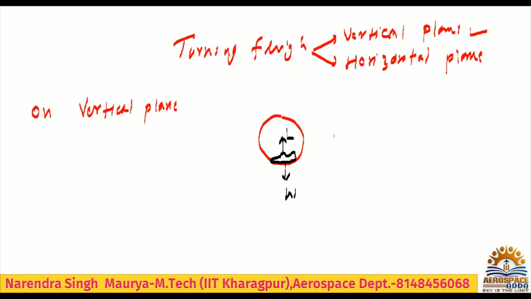If you check, the resultant upward force is Fr, which is L minus W, because the aircraft is at the bottom of the circle. Since this is turning flight on a vertical plane, it is almost circular motion. In this circular motion, two types of forces will be acting. One is this resultant force, in the upward direction, L minus W.